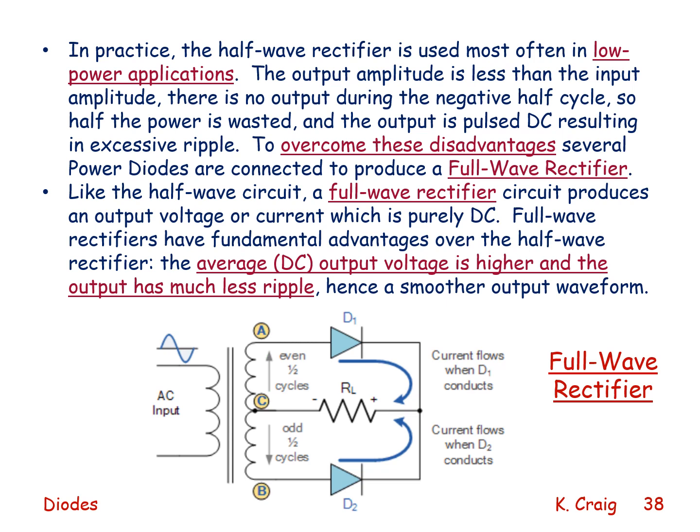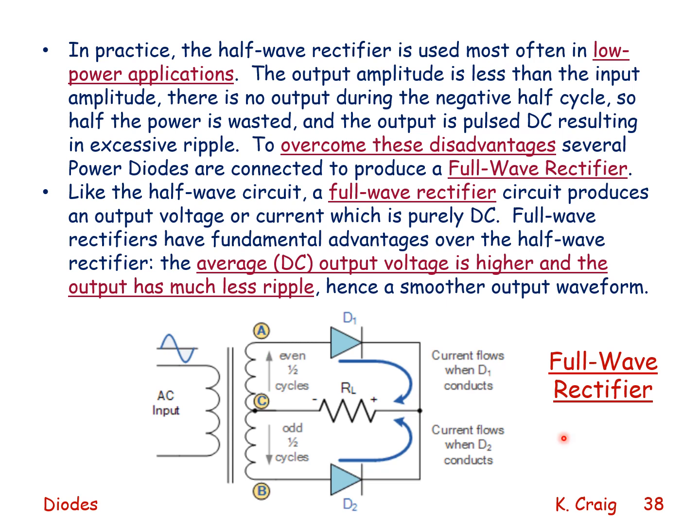Like the half-wave circuit, a full-wave rectifier circuit produces an output voltage or current which is purely DC. Full-wave rectifiers have fundamental advantages over the half-wave rectifier. The average DC output voltage is higher, and the output has much less ripple, hence a smoother output waveform.